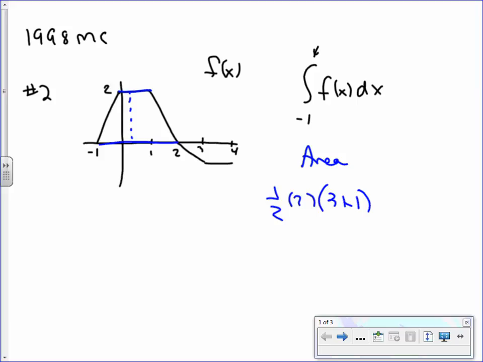And it didn't ask me to find the area, it asked me to find the value of the definite integral, okay? So if I find the area for this section right here, it's positive, but if I find the definite integral, it is negative, so that's a minus negative. And that's also a trapezoid, 1/2. And the base of that one is this distance right here.